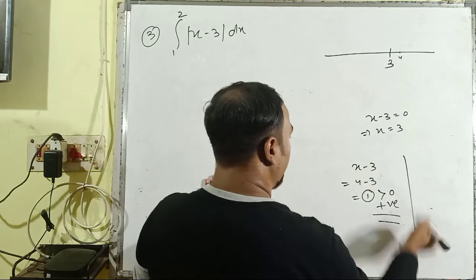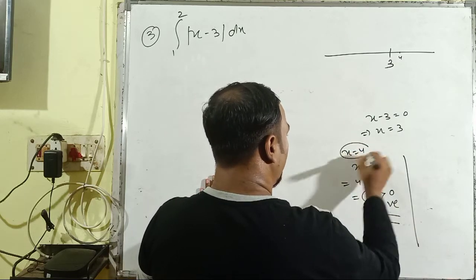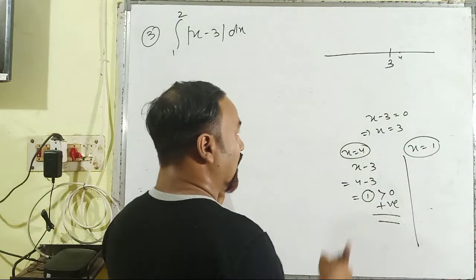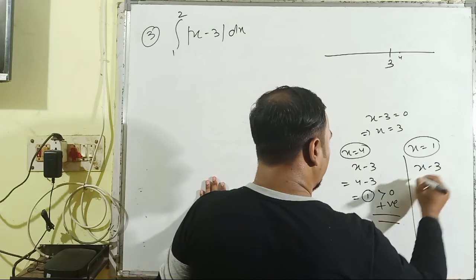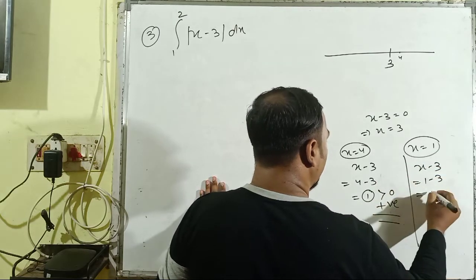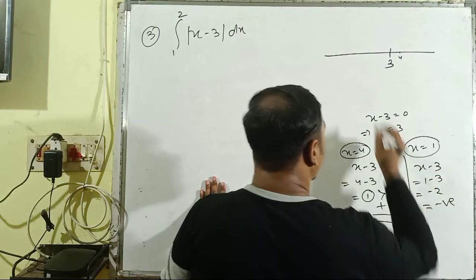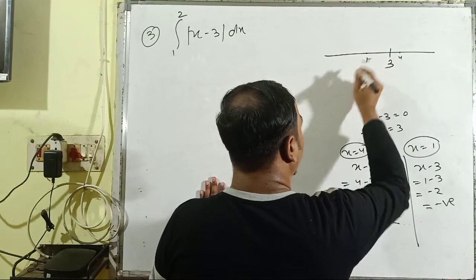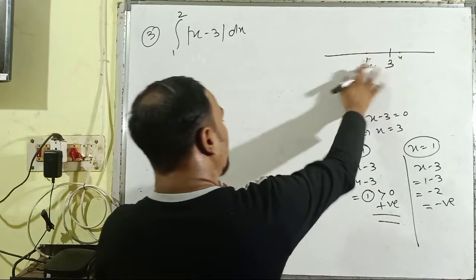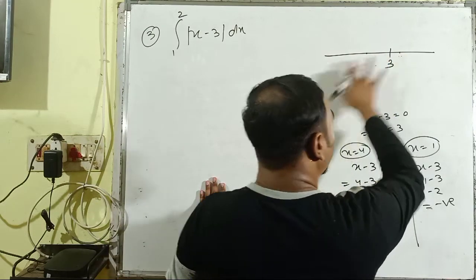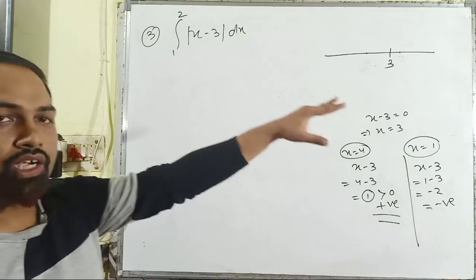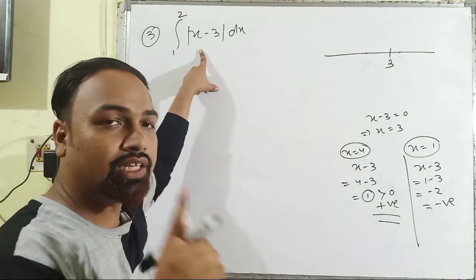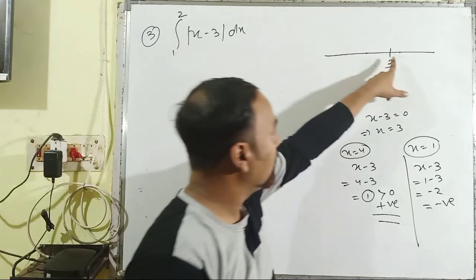Here we have taken x is equal to 4. Suppose I have taken x is equal to 1. And you can say that x minus 3, that means 1 minus 3, it is minus 2, which is a negative value. So at the point 1, it gives negative value. So at the point 3, from left to right or right to left, the behavior of the function is getting changed by crossing over the point 3.